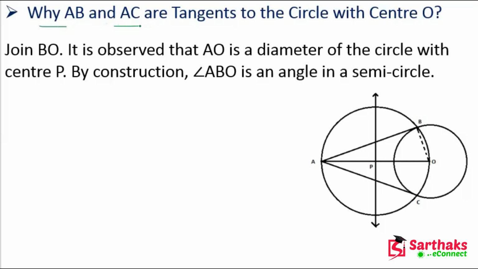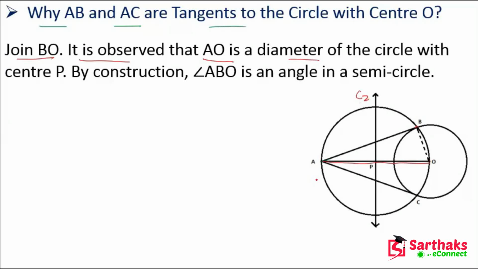Why are AB and AC tangents to the circle with center O? How can we say that AB and AC are tangents? What is the reason? For the proof, join BO. Now we are joining B to O, and it is observed that AO is the diameter of the circle with center P. AO is the diameter of the second circle.